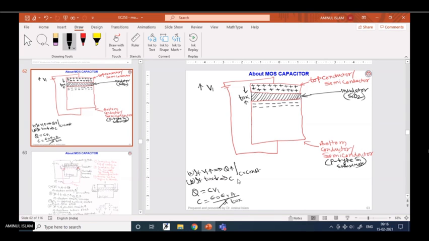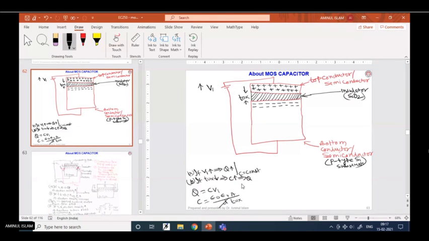Tell. C increases or not? Increases. C increases, and then hence what happened to Q?